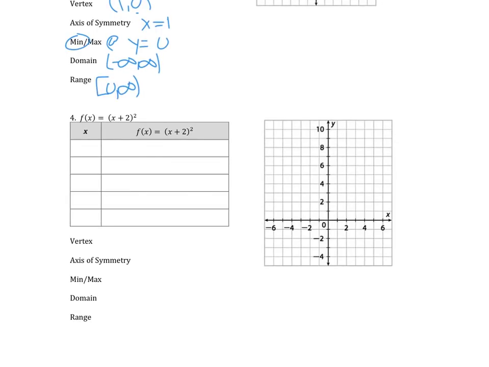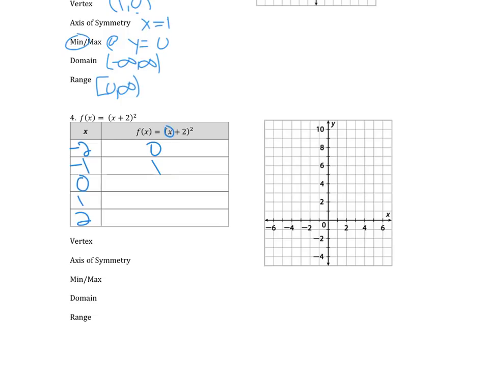All right, so let's go with our normal set of values for x. So -2 plus 2 is 0. 0 squared is 0. Then we go -1. -1 plus 2 is 1. 1 squared is 1.